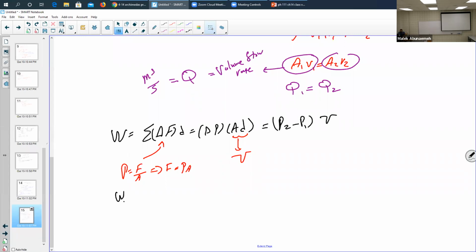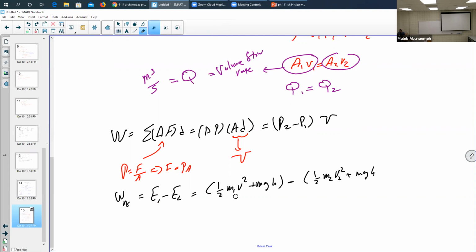That means your non-conservative work, which is your E1 minus E2, is going to equal 1/2 M V1 squared plus MGH minus 1/2 M V2 squared plus MGH. Actually, it's the same mass, so we can ignore the 1 and the 2 because it's the same substance.